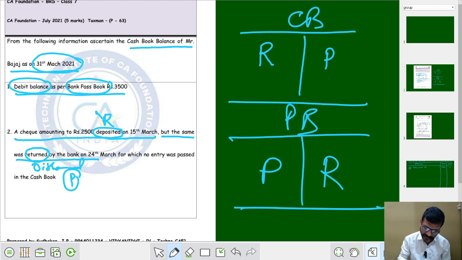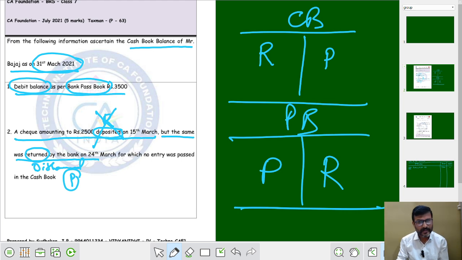When dishonored, the deposit loses its significance. I tell you, a marriage and a divorce. When a bride and bridegroom get married, marriage is important. When they get divorced, what is important? Obviously divorce. Similarly, when a check is deposited, it is a receipt. When it is returned dishonored, then it is a payment.